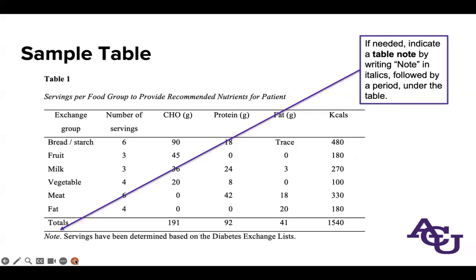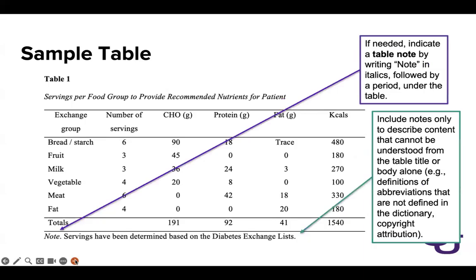If you need to, you can indicate a table note by writing the word note in italics under the table, followed by a period. You only include notes to describe content that can't be understood from the table title or the body alone. So if you had abbreviations that weren't defined in the dictionary, so the person doesn't know what they mean, or if you needed to show copyright related to where you found some ideas, or if you borrowed the table in its entirety.